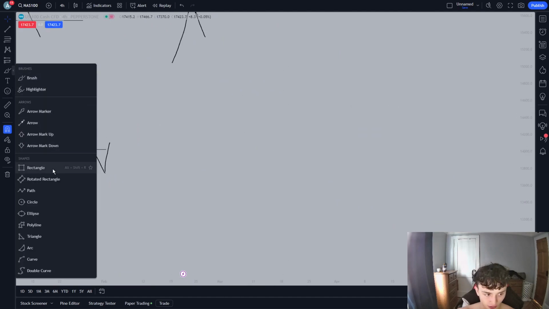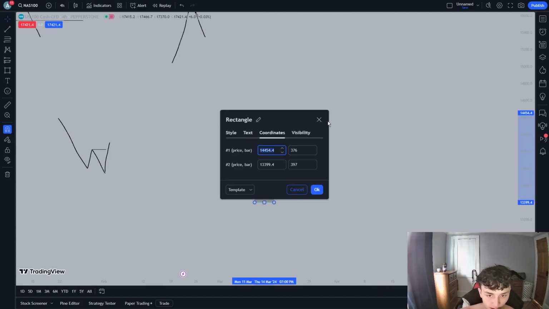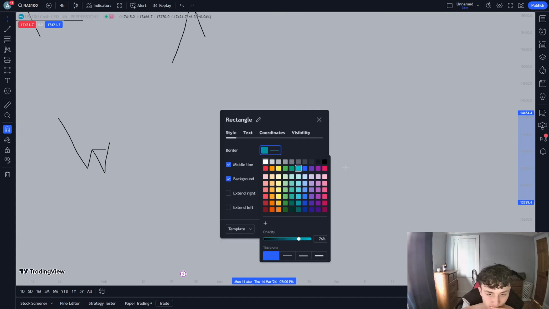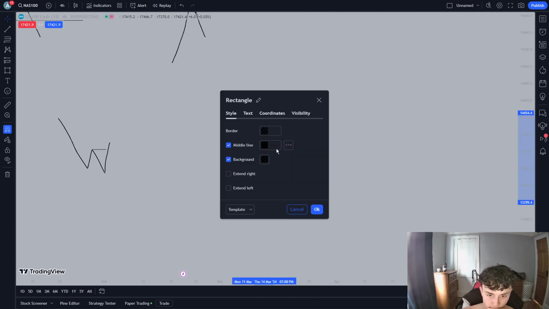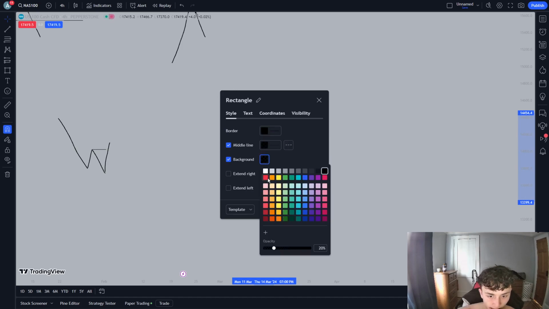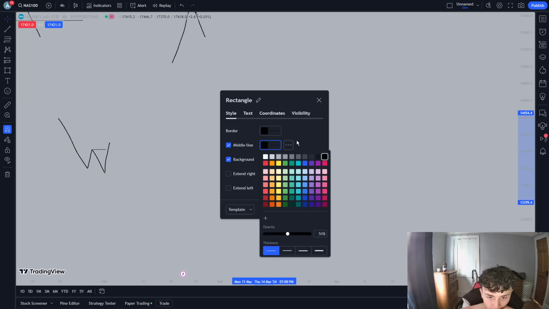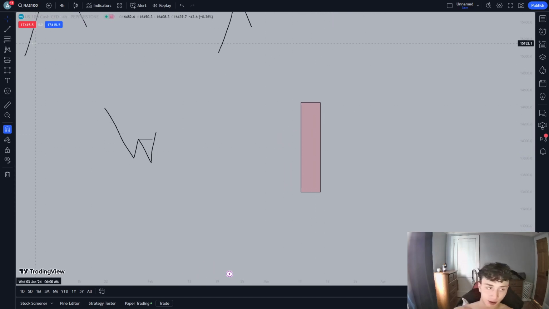Let me explain this to you as well. Let me just see how to explain this exactly. All right. So this is a bearish candle, right?